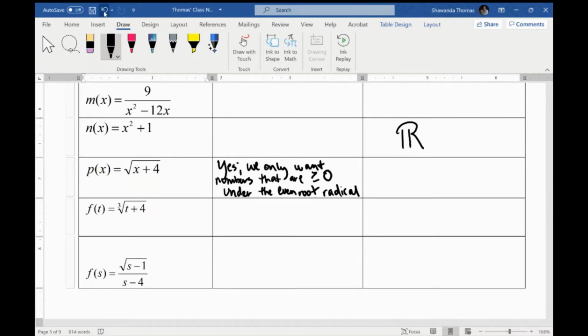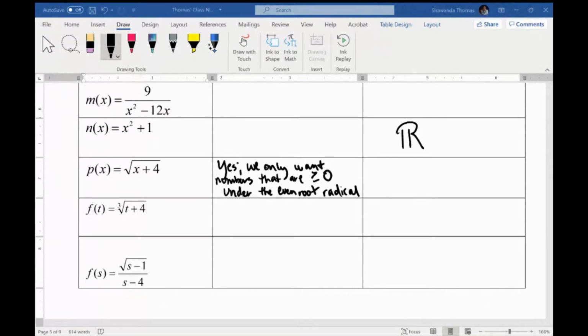All right, I'm going to go to the whiteboard. So P of X equals the square root of X plus 4.